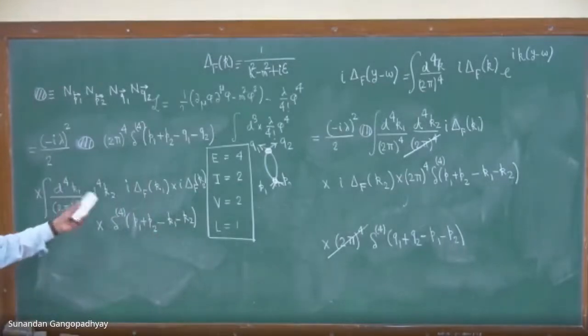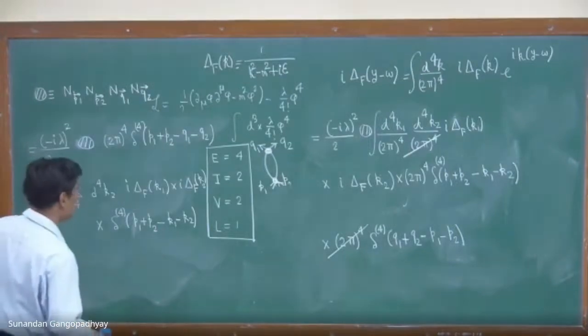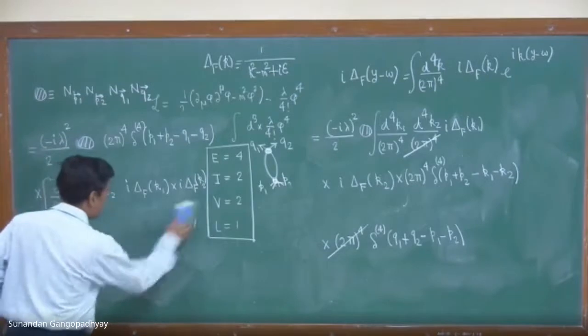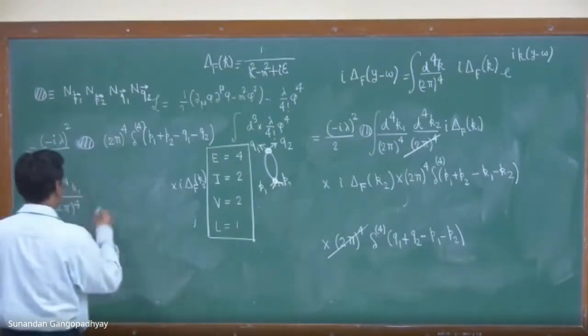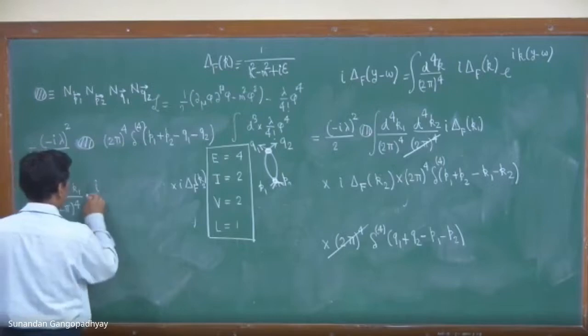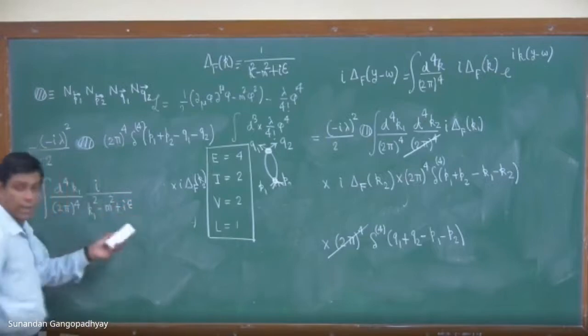Now we can perform any one of these integrals, k1 or k2. Suppose I perform the k2 integral. So if you perform the k2 integral, then this is gone. The integral over k2 is gone. So what we have is the following: i divided by k1 squared minus m squared plus iε, which was Δ_F(k1).